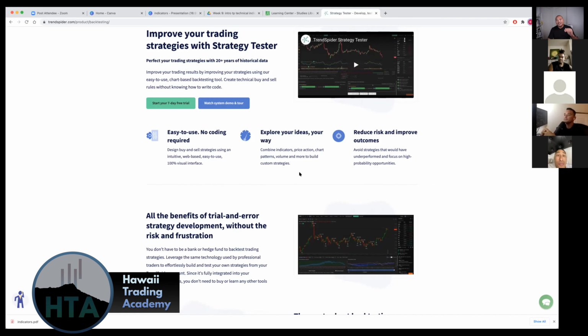You can input, okay, sell if price does this, same thing, if and then. It gives you a little template and you just input the targets. You're not really coding, you're almost coding, but you're giving the computer inputs and outputs, entries and exits, and then you say, okay, I want to test over a year on this market.